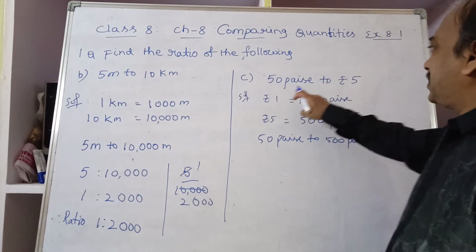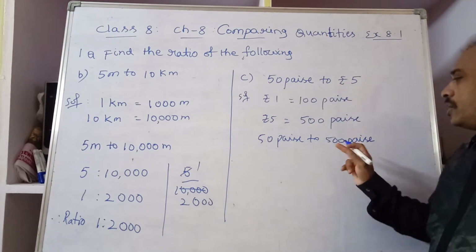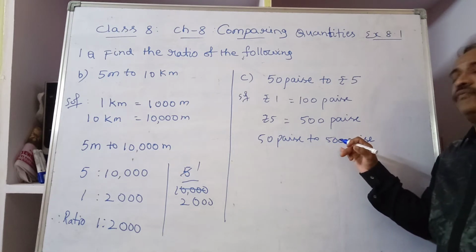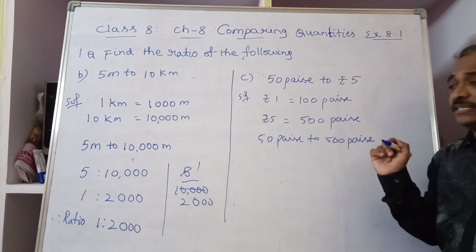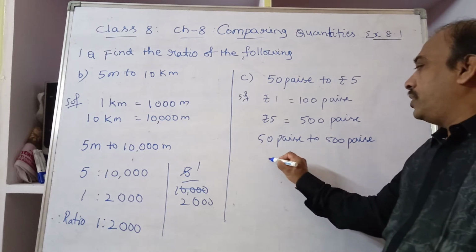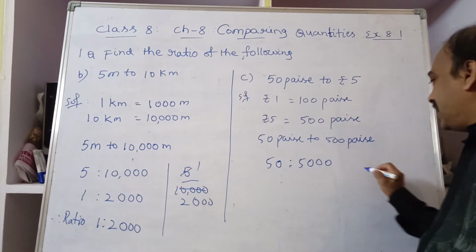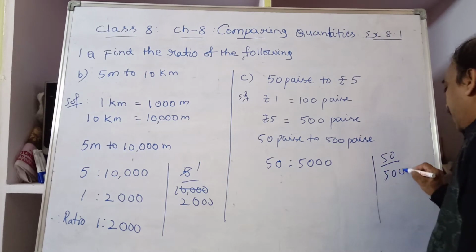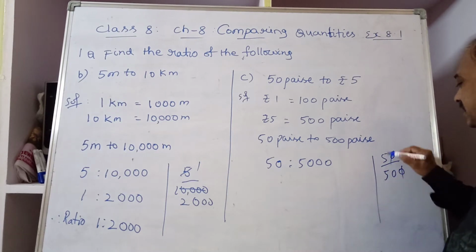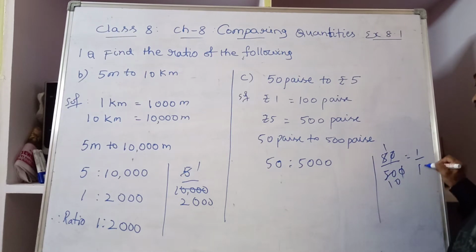Observe it. 50 paise, 5 rupees. So 5 rupees we converted into 500 paise. So the ratio now is 50 is to 500, which is nothing but 50 by 500. Zeros cancel. 5 ones are 5, 5 tens are 50. So it equals 1 by 10.